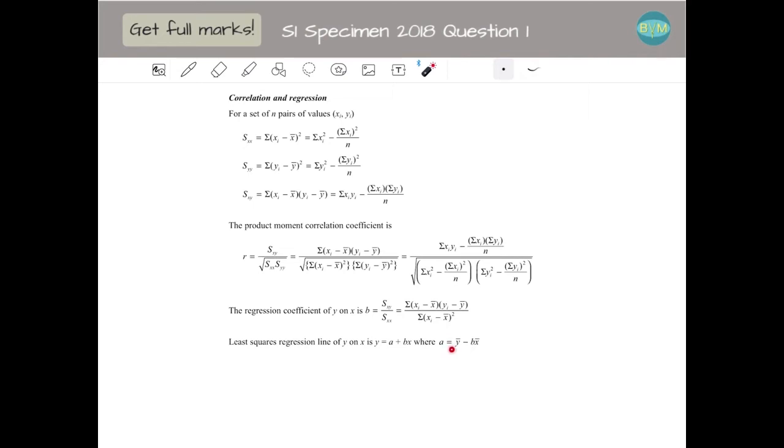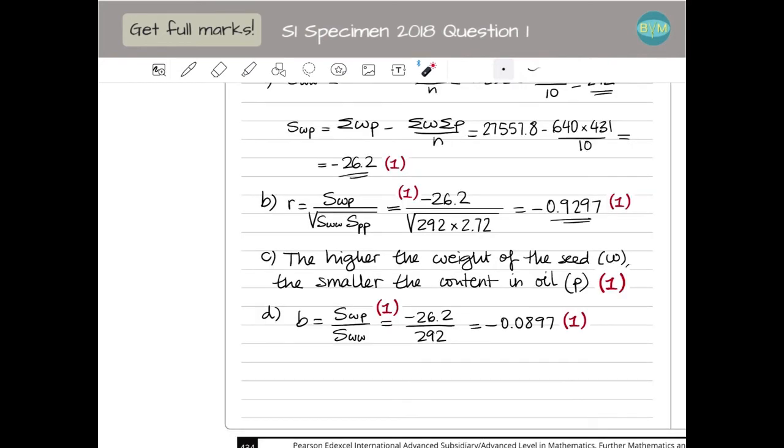When I have B, I can find A with this formula. So A is the mean of y minus B mean of x. So I have that A is going to be the mean of P in this case, because it's our y, minus B mean of x, which is W in this case.